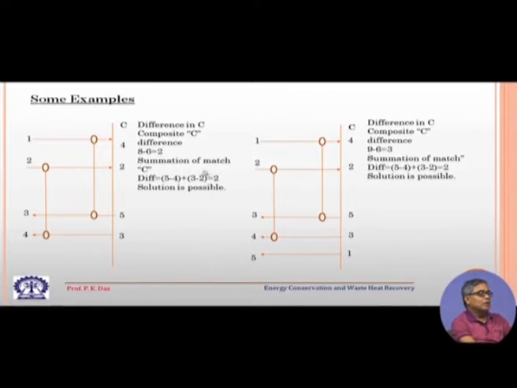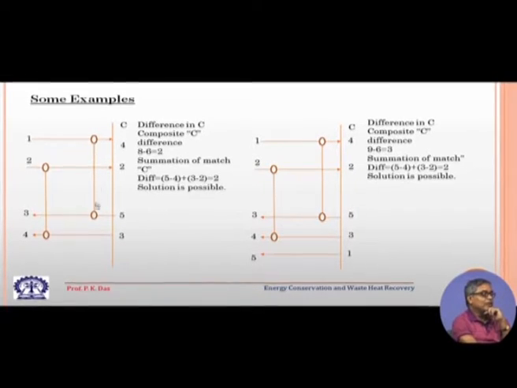Then the summation of match C. Suppose this kind of match we have proposed, that means there is stream 1 and stream 3, and we are thinking of one heat exchanger between them. This is the symbol by which we will show a match, this shows a particular heat exchanger. Similarly, we are thinking of another heat exchanger between stream 2 and stream 4. So, this is another heat exchanger.